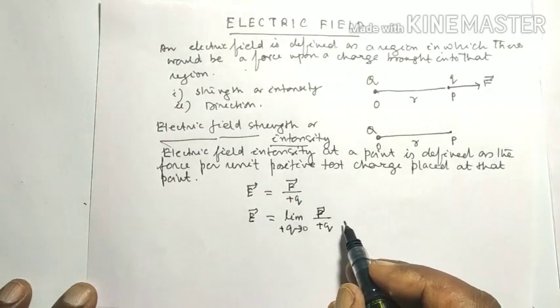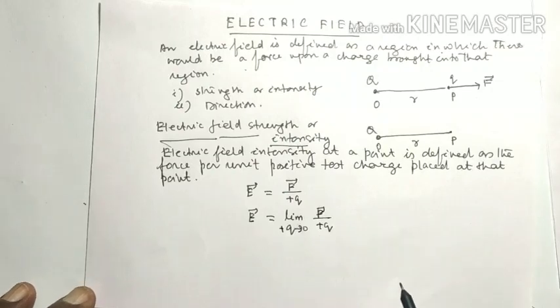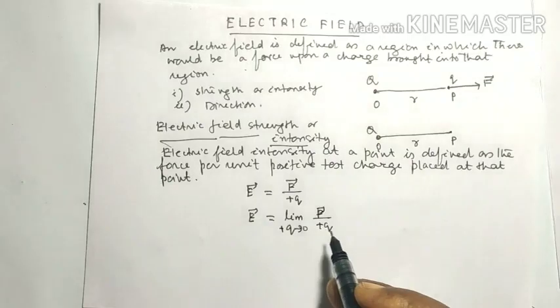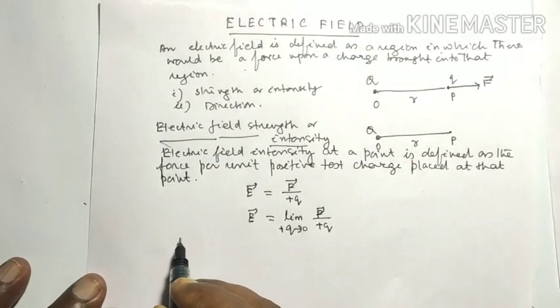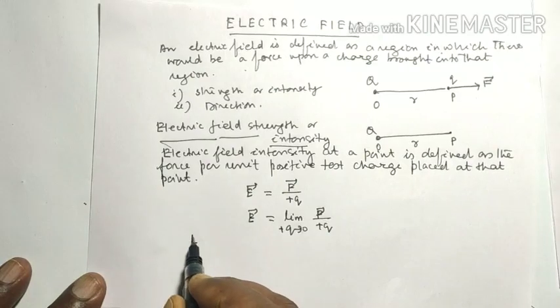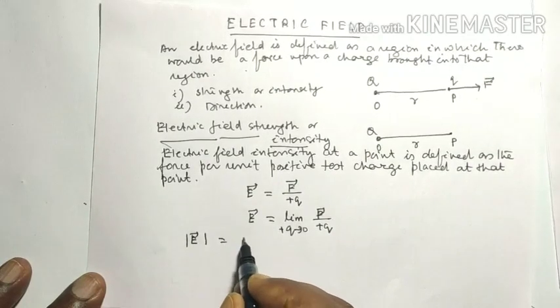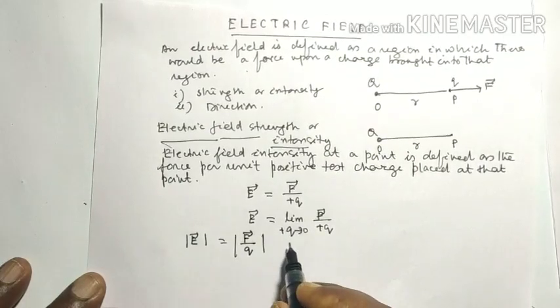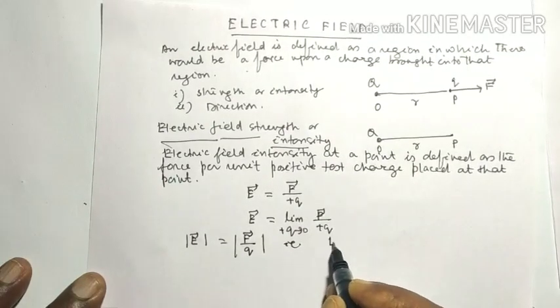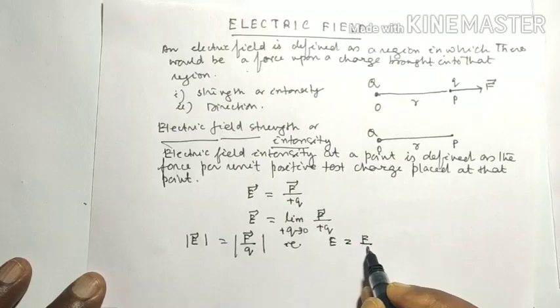So we can define electric field intensity as the force to charge ratio in this limiting case. The magnitude of the electric field intensity is mod E equal to mod of F by q. That is, we simply write E equal to F by q.